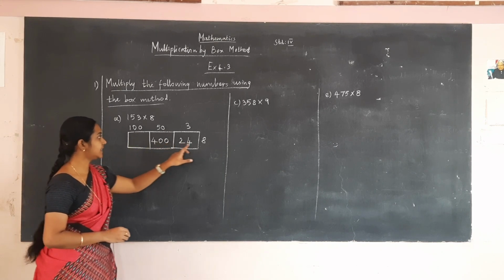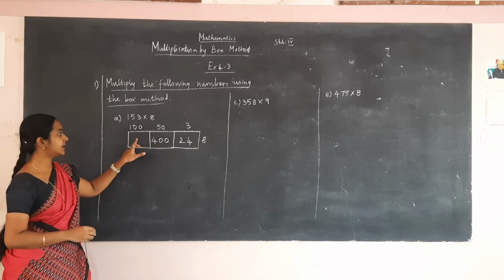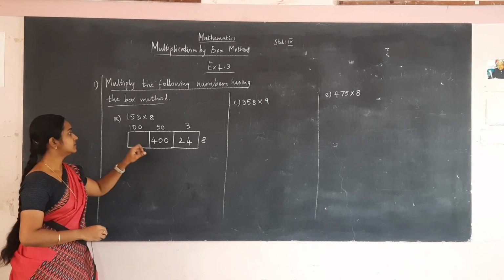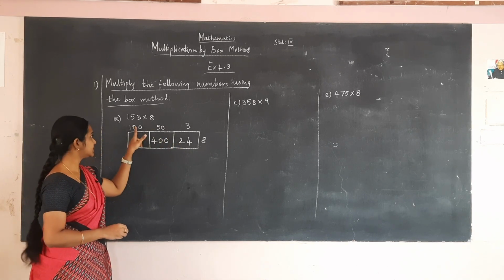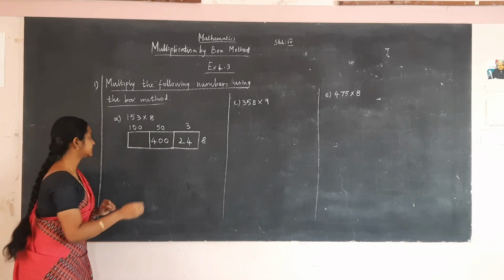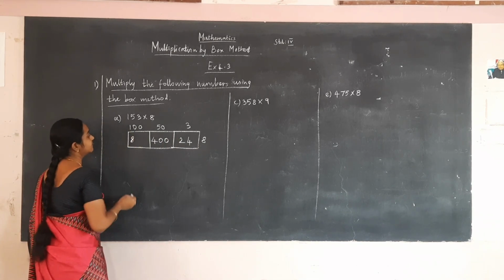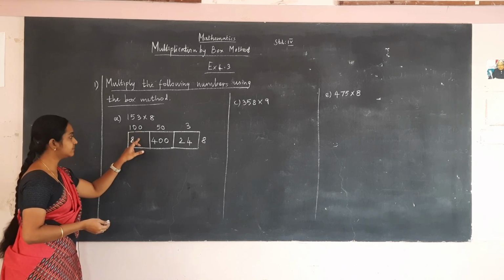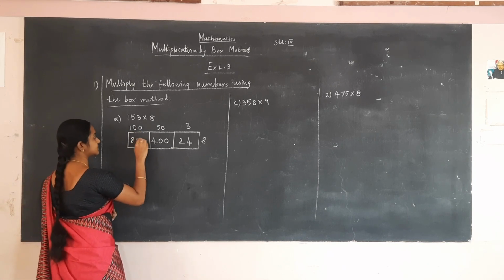Next we have to multiply 8 and 100 and write in the third box. We are going to skip the 2 zeros and multiply 8 and 1 alone. 1 into 8 is 8. We have skipped 2 zeros, so we have to add 2 zeros in the box.